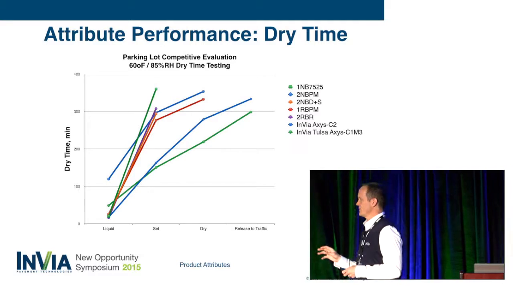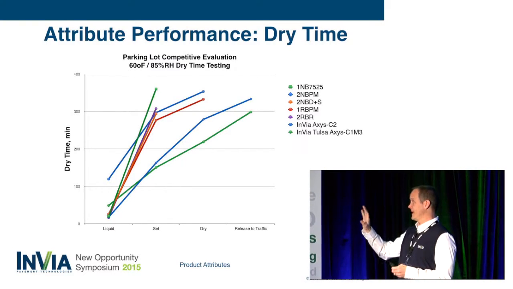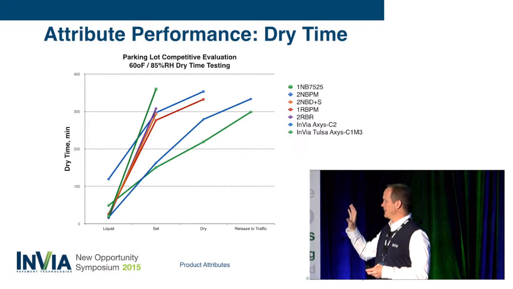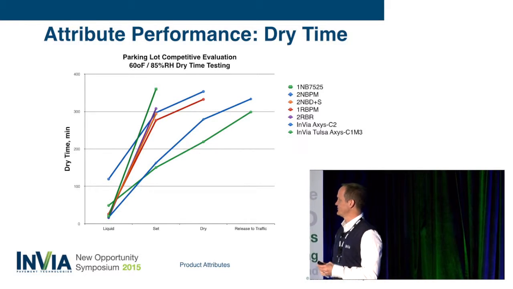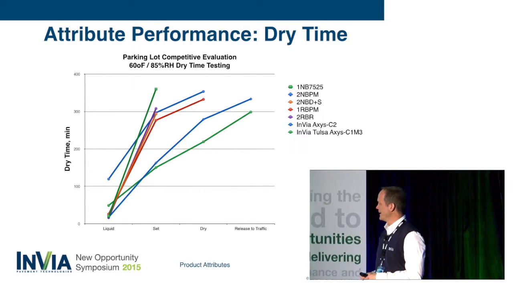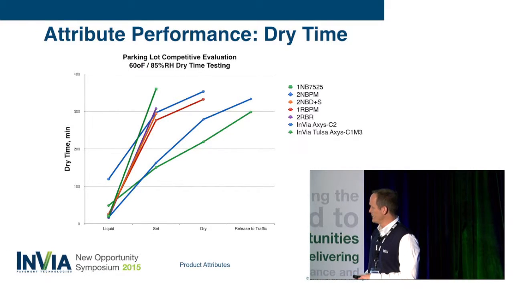We wanted to be ready for this symposium, and this was not easy to put together, but compared to the on-the-road products, this was a better way to get this study put together in time to present to you lovely people. And so what you see is the black line is Axis C1M3.